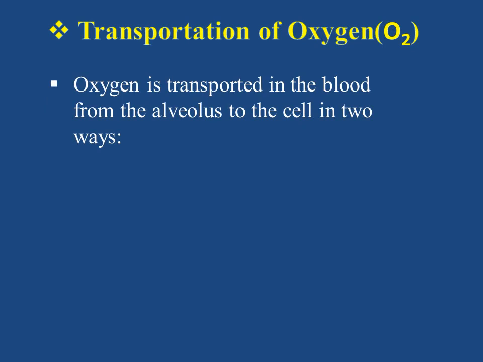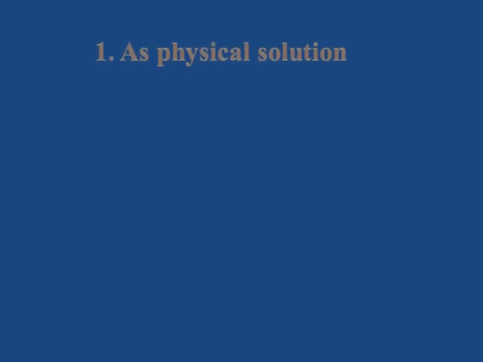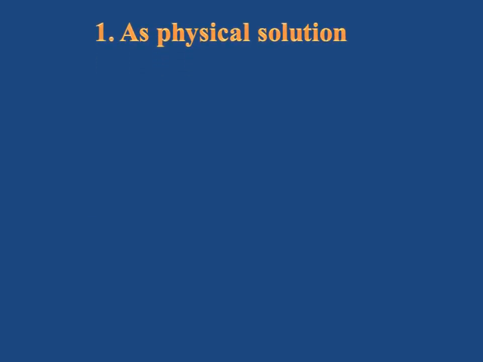Now, transportation of oxygen. Oxygen is carried in the blood from the alveolus to the cell in two different ways. One is as physical solution and another is as chemical compound. First one, as physical solution.